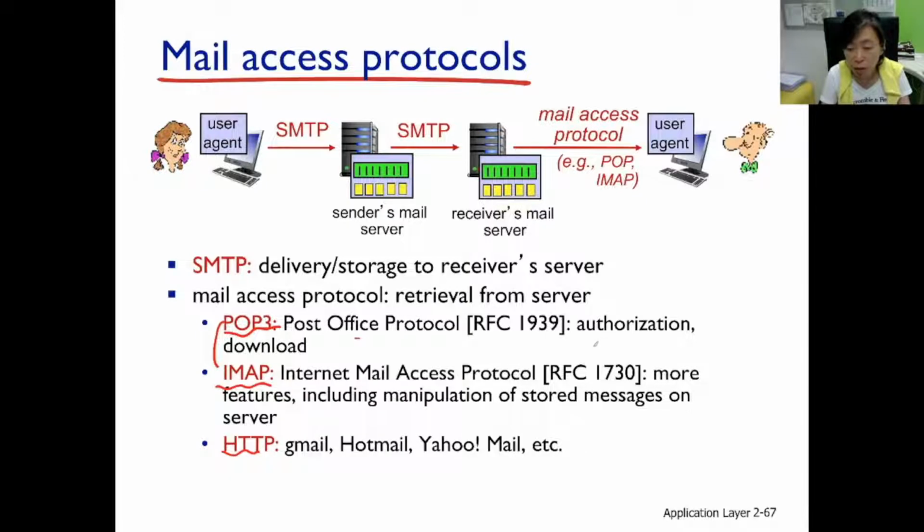The functionality is also similar. First, the receiver needs to authenticate itself, authorize itself, and then begin downloading emails. IMAP, being a slightly newer version, includes a number of other features, including, for example, storing the email messages in a more structural way, for example, creating folders and putting certain emails in certain folders.